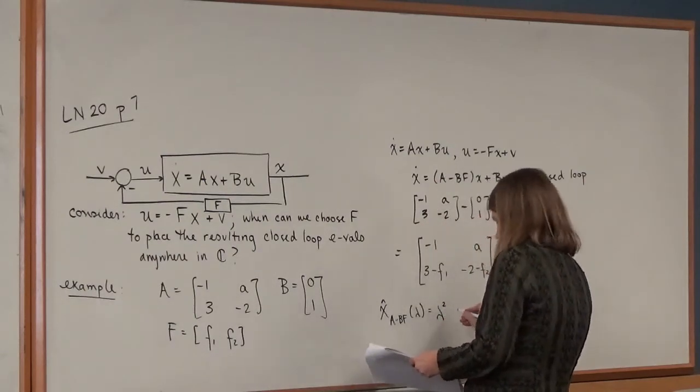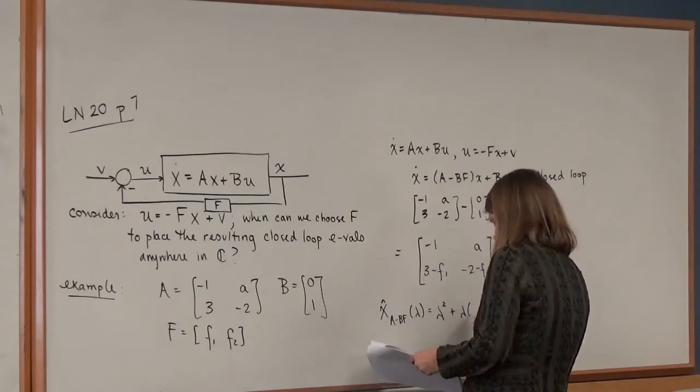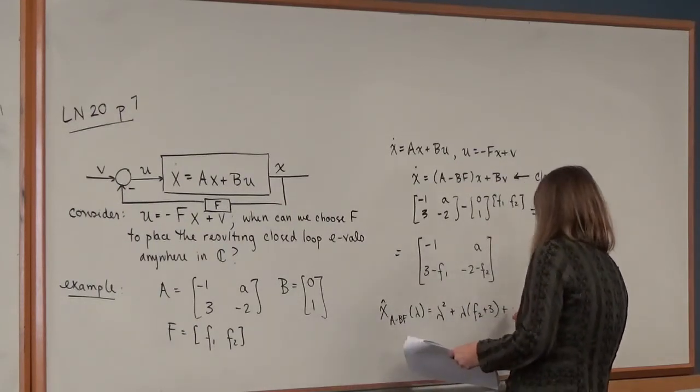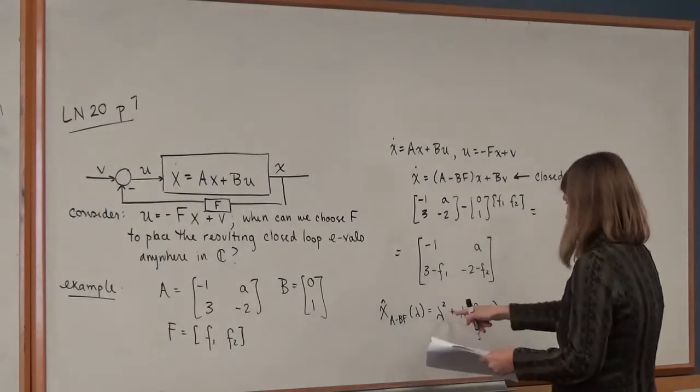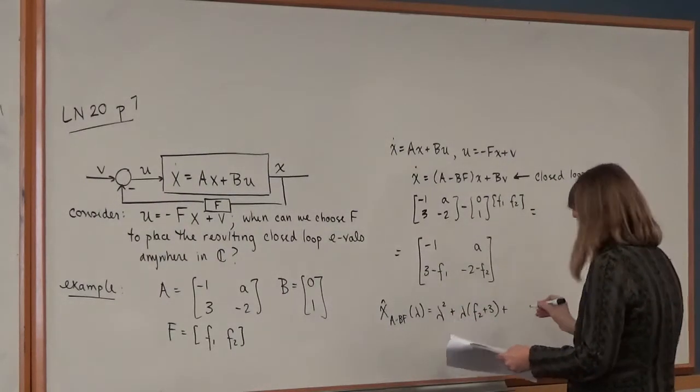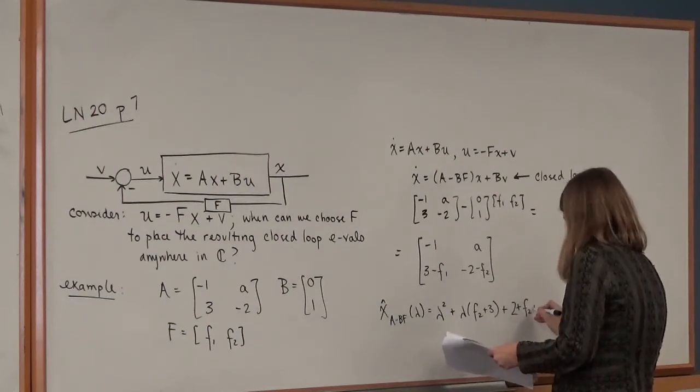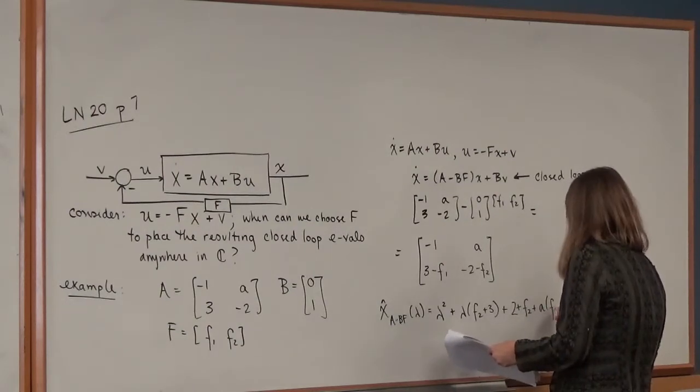And if you work it out, it's lambda squared plus lambda times (F2 plus 3), I've written it in terms of decreasing powers of lambda is what I should say, plus 2 plus F2 plus a times (F1 minus 3).